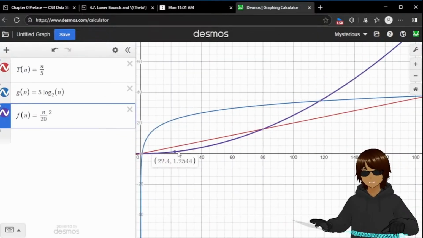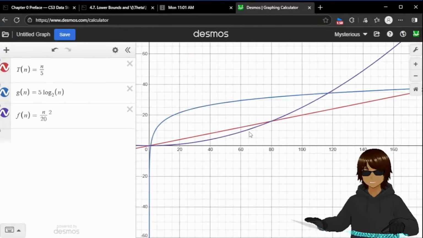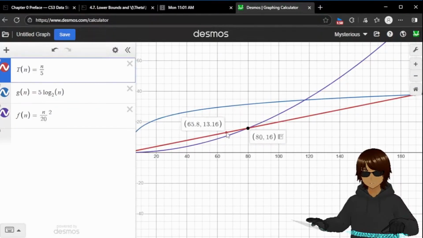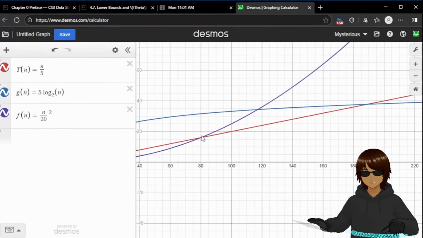Here I have another function. At some point T(n) will go below f(n). After it surpasses this point, T(n) will end up below f(n) for all n beyond this point.